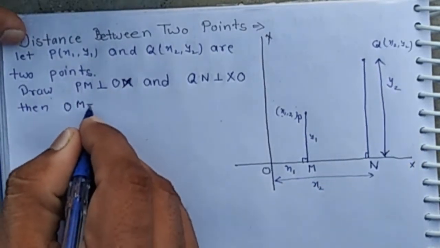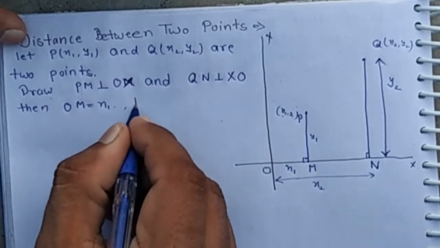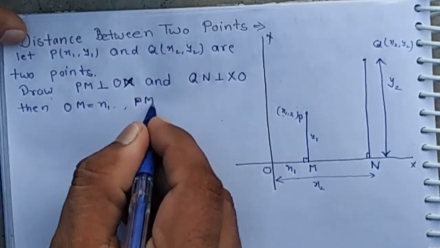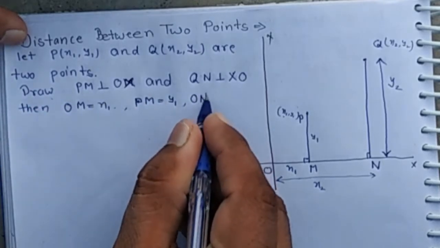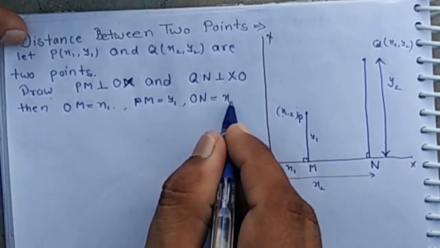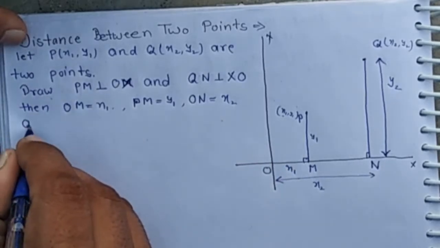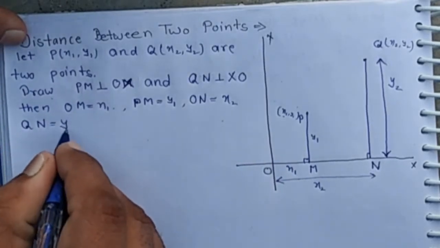So OM equals x1, PM equals y1, ON equals x2, QN equals y2.